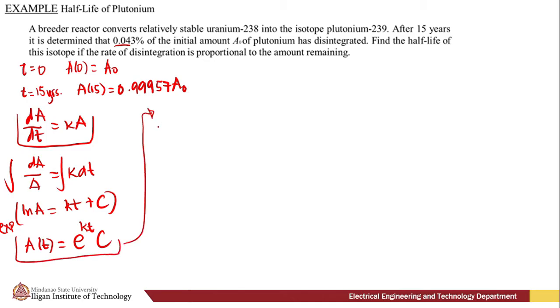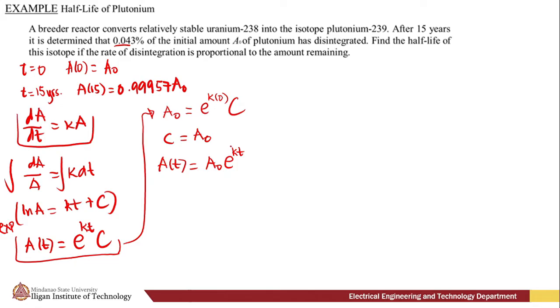Applying our initial condition, at t equals 0, the amount of substance is A sub 0 equals e raised to k times 0 times C. So our arbitrary constant is equal to the initial amount of our uranium-238. So our solution now, A of t, is equal to A sub 0 e raised to kt.